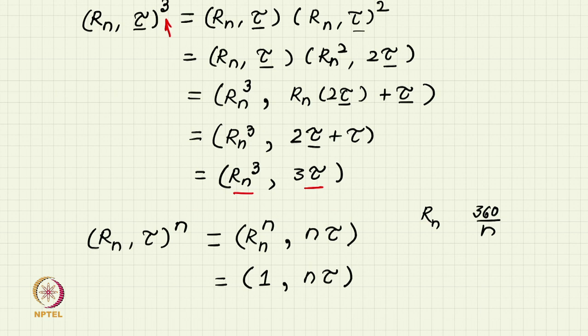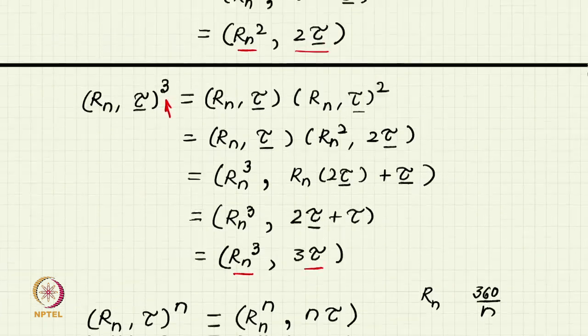If I multiply a screw rotation, an n-fold screw rotation, n times, I will get a pure translation parallel to the axis, which is n times tau.